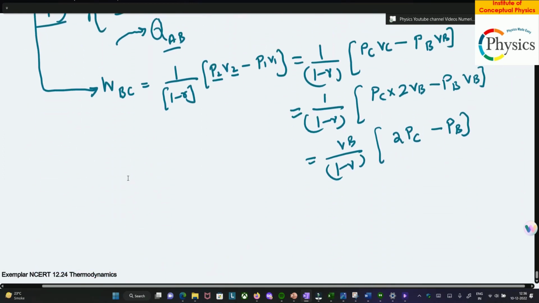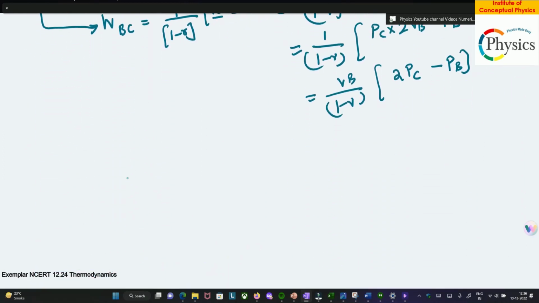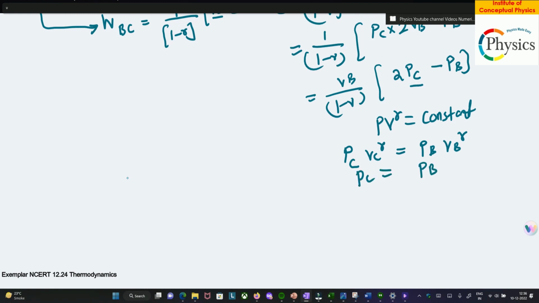Again, we use thermodynamics, and we know that PV^gamma is equal to a constant for an adiabatic process. So PC VC^gamma is equal to PB VB^gamma. PC has to be removed, so PC can be written as PB (VB upon VC)^gamma.